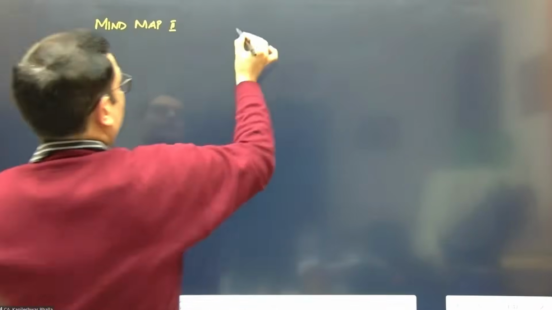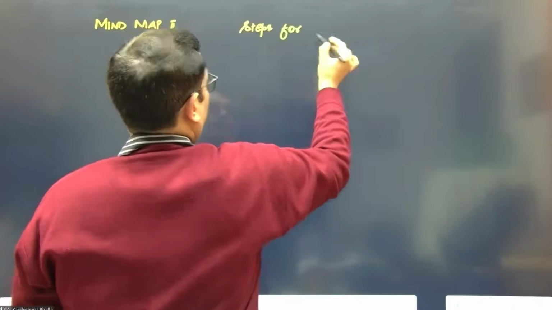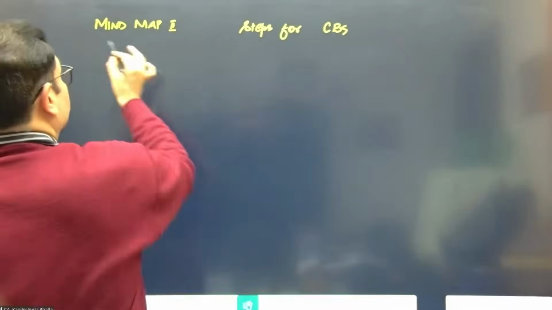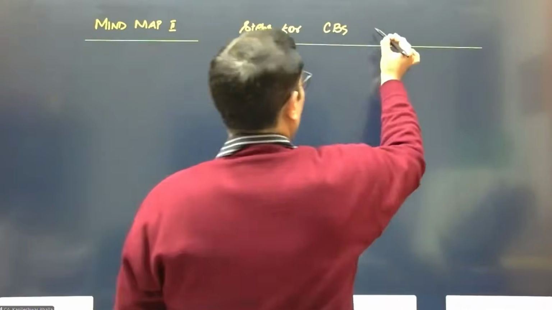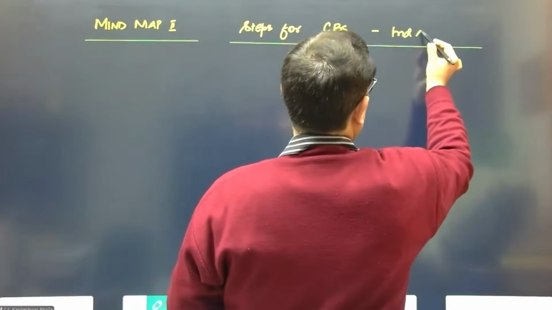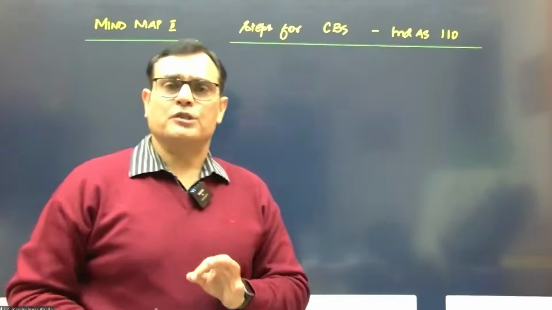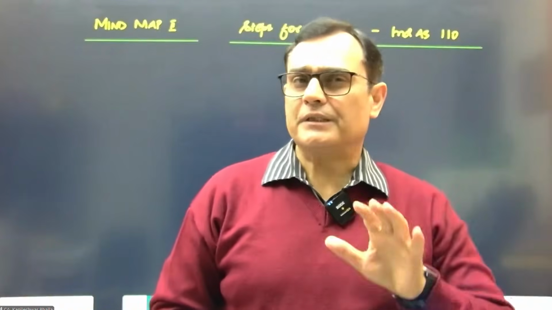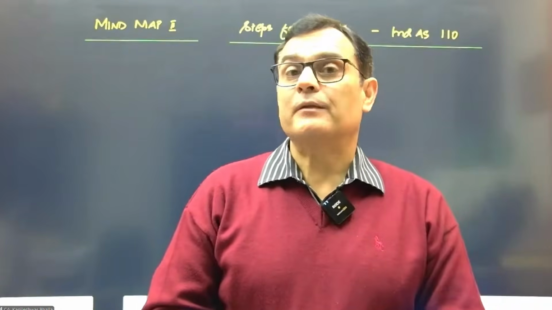So this is steps for consolidated balance sheet. The focus right now is on the steps which are required for making a consolidated balance sheet as per Ind AS 110. The first focus that comes to mind when you're preparing a consolidated balance sheet is the extract balance sheet.